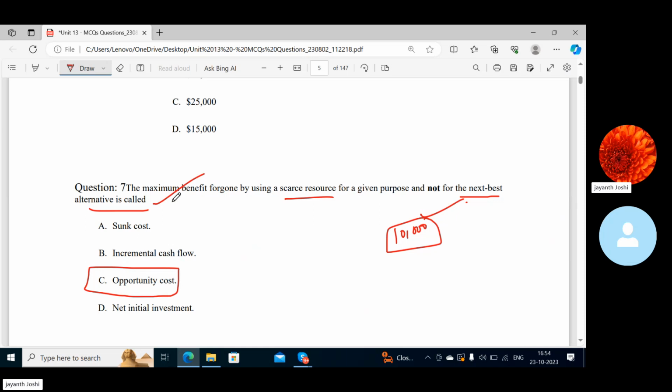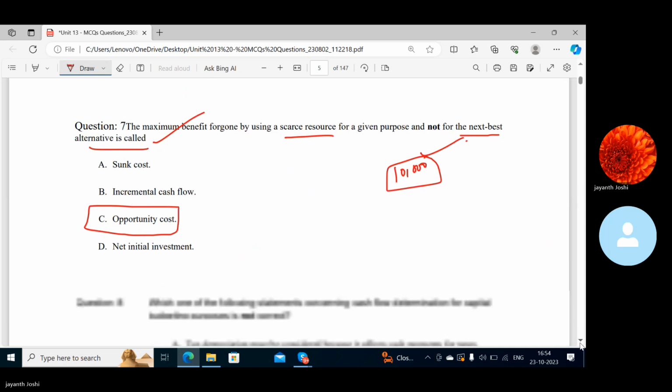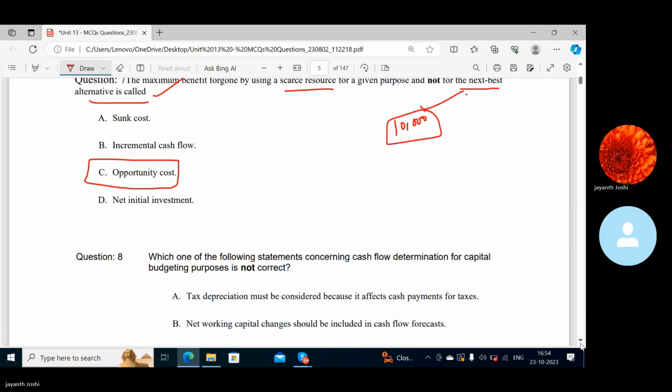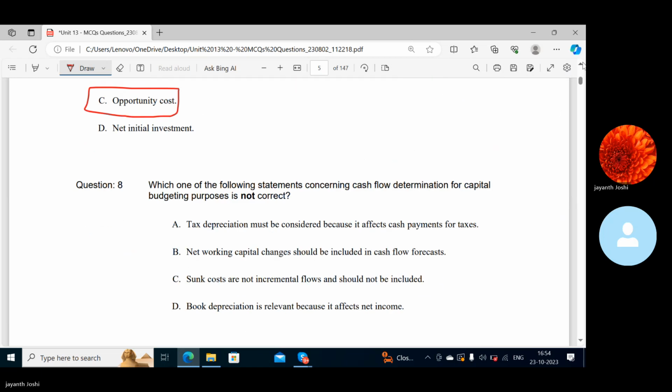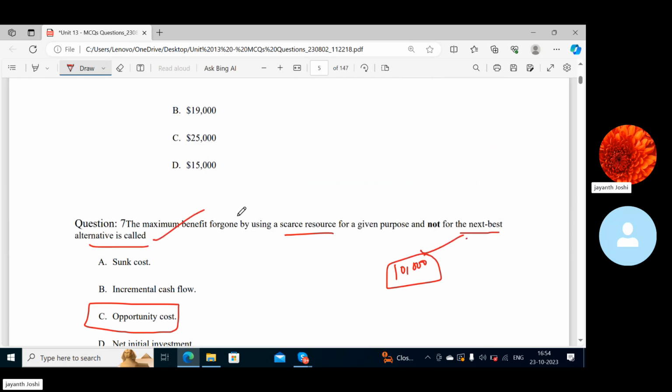Choosing the best out of the rest, I would say. Maximum benefit foregone means you're not taking the maximum, you're leaving that benefit by using a scarce resource. Why are you leaving it? Because you want to put it into the best one.